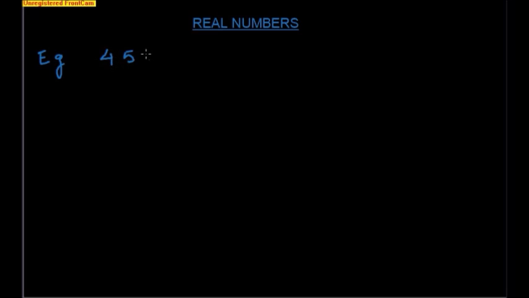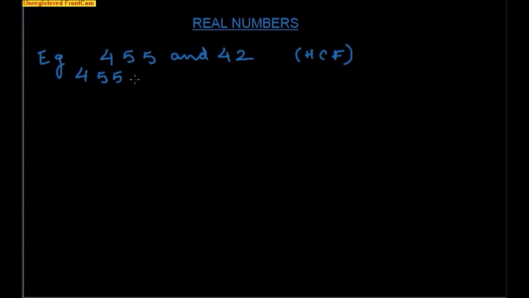Let me take the example of 455 and 42. We use Euclid's division lemma to find the HCF, that is the highest common factor. How do we use division lemma?